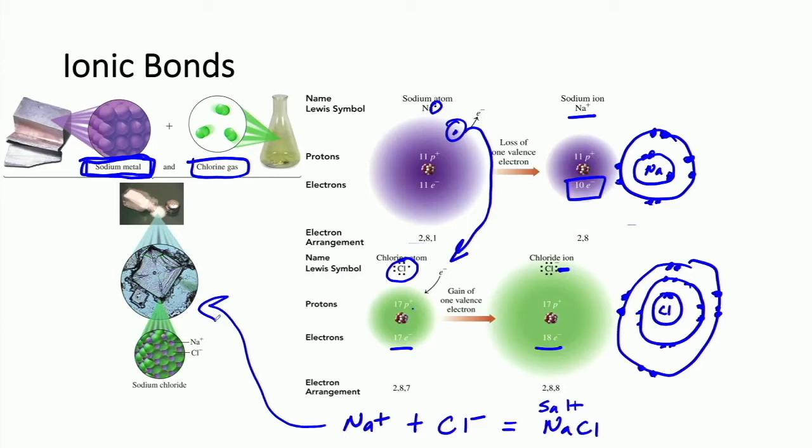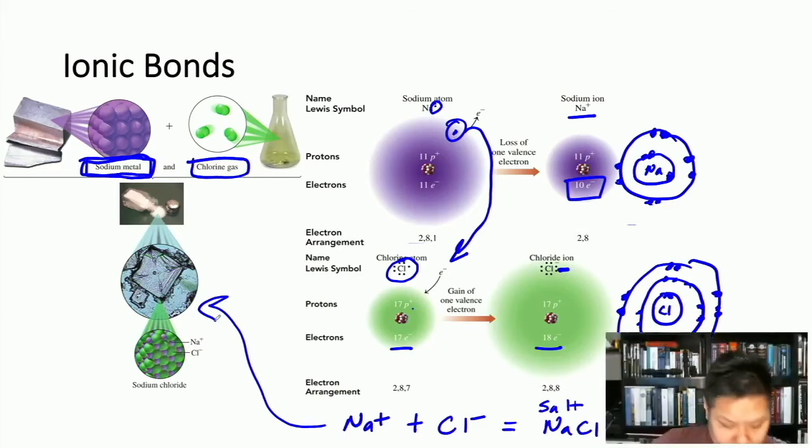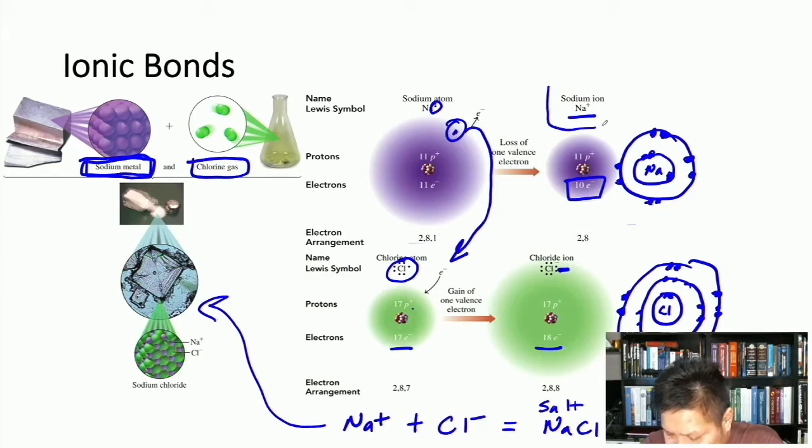Let me bring myself back now. Before we move on to the next slide, just so you know, ionic bonds are actually very strong, right? And you already saw that they're between positive and negative ions. Oh, by the way, I forgot to say that. Whenever sodium loses an electron, it becomes a positive charge because it lost an electron, right?